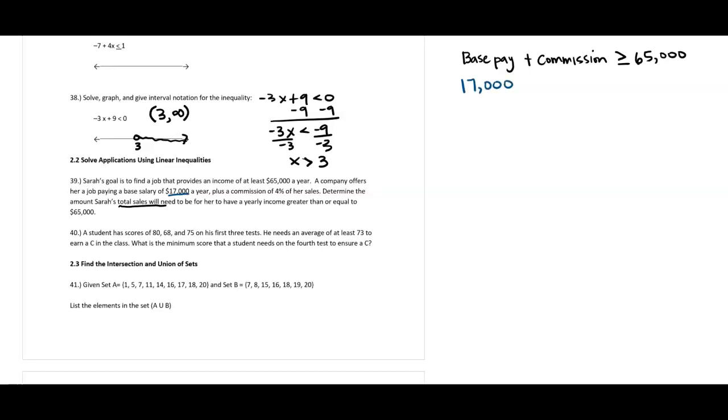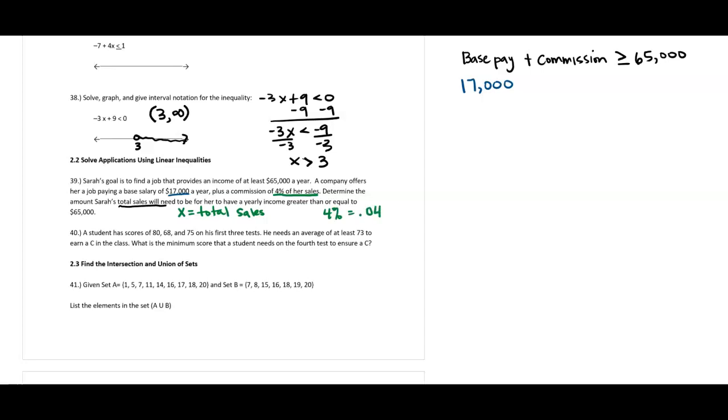And then her commission is what we don't know. But notice what our x is going to be on this is her total sales. So we're going to say x, that's what we're trying to find, is her total sales. We don't know what her total sales are, but we know that she's going to get 4% of whatever those total sales are. So 4% is the same thing as 0.04, right?